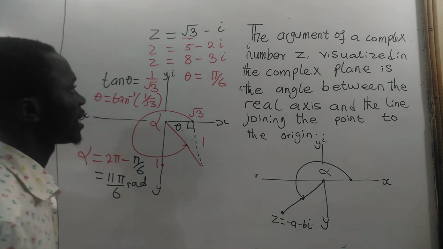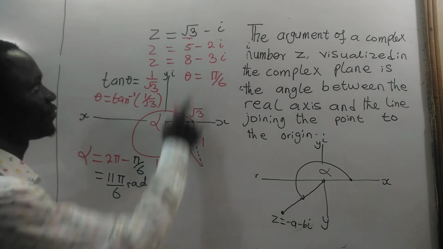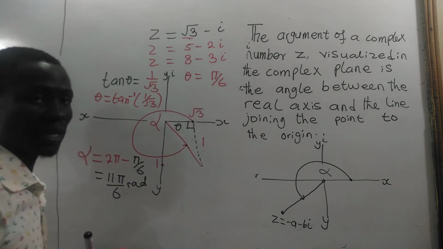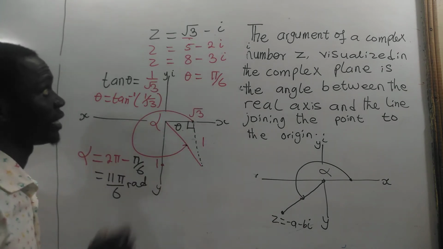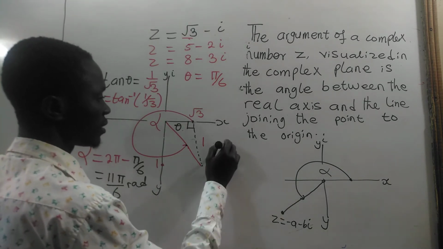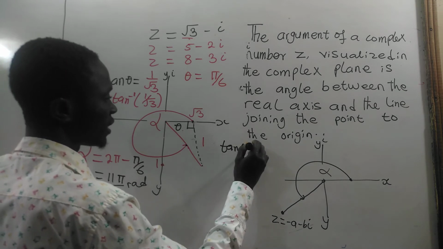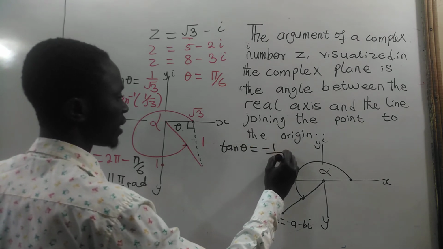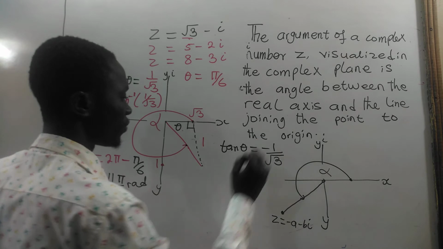You see that here the imaginary part is -1. So you can also take the tangent of theta to be equal to -1 divided by square root of 3.